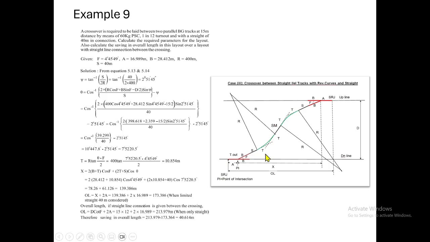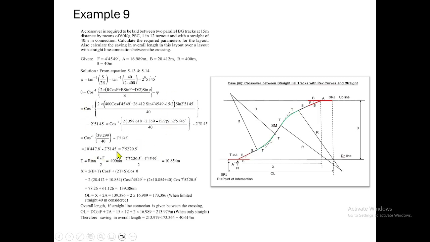Of course, there is some provision for a minimum radius, because of any constraints prevailing. Otherwise, the 1 in 12 turnout radius we can follow straight away. Here they have taken 400 meters. So now psi value we are finding out using the relation. Then theta we are finding out, substituting all the values here.